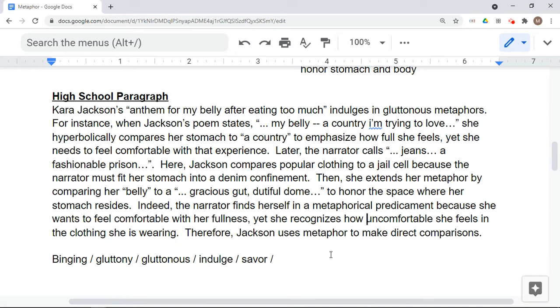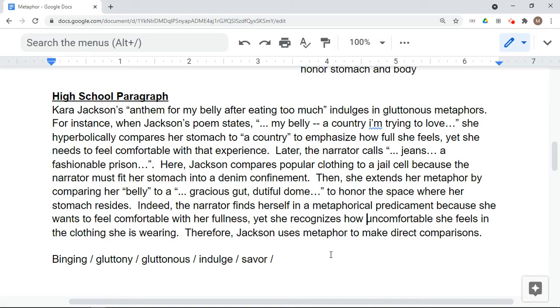So it's almost like she called it A Country I'm Trying to Love, then went to the jeans, then went back to the gracious gut, dutiful dome. And again, we're going to build this house and these walls and expand. So it's almost like going back to this idea of loving your body, loving the space it's in.